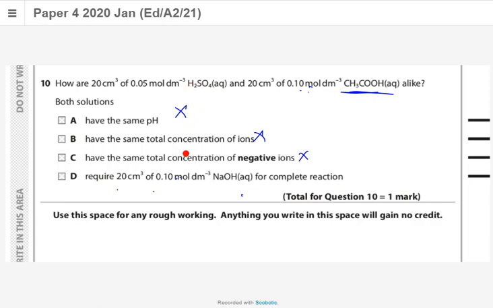But if you write sodium hydroxide and sulfuric acid and balance the equation, the ratio will be 2:1. So the amount of moles of sodium hydroxide should be twice. 0.05 times two is 0.1. So that is correct. Got it?